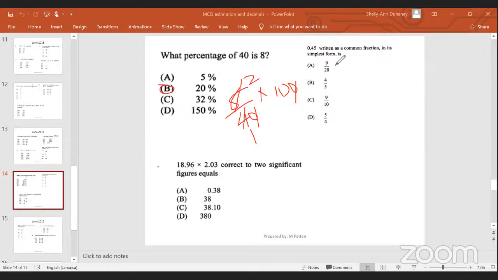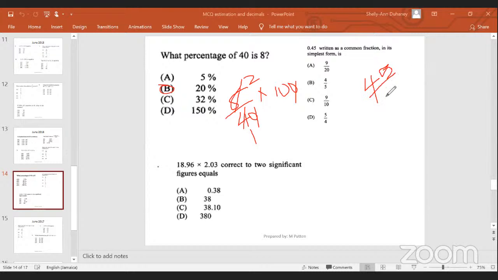All right, 0.45 written as a common fraction in the simplest form. What is it? Guys, what is the answer? I think it's A. 45 over 100.